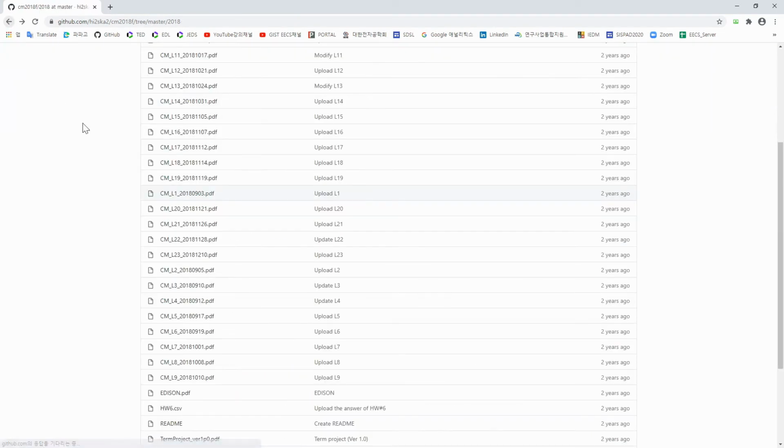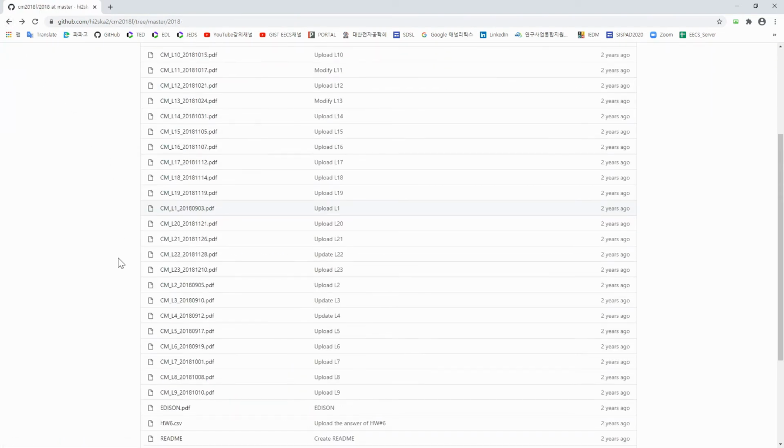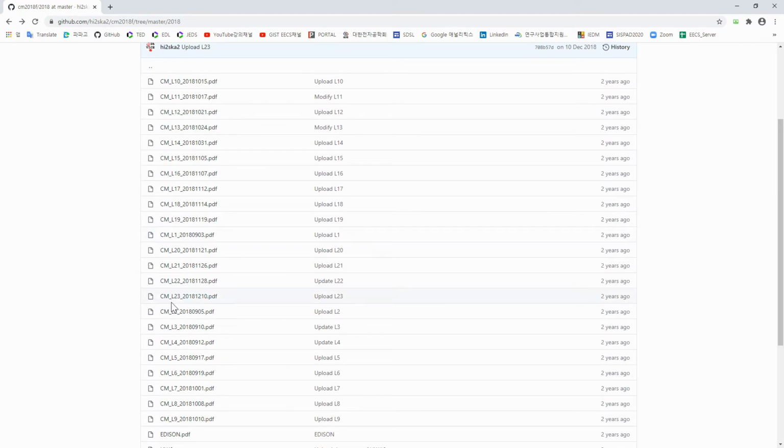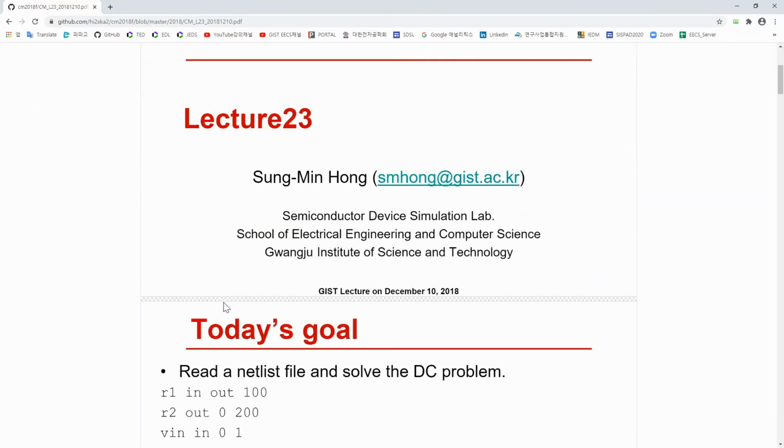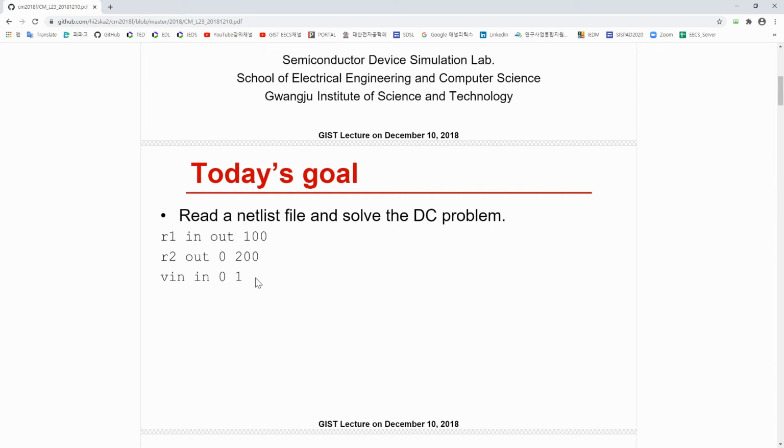And the last one you can find is maybe lecture 23, and when we click it, you can also see today's goal is to read a NaN list and solve this problem. Yes, so already you have the whole semester available to you.